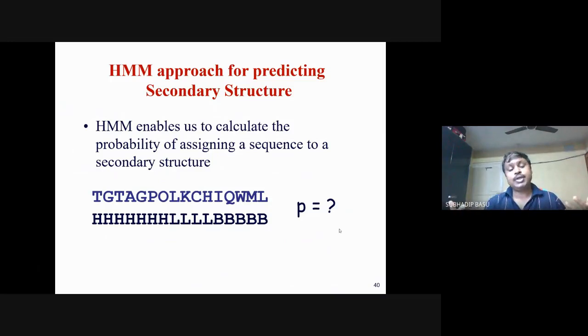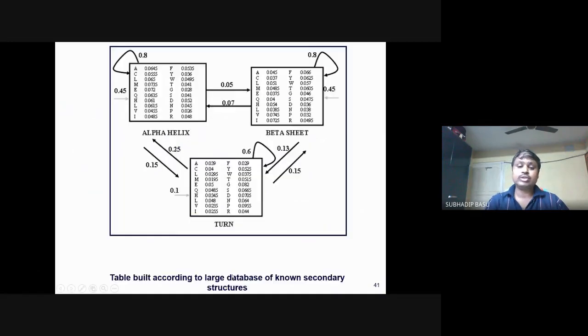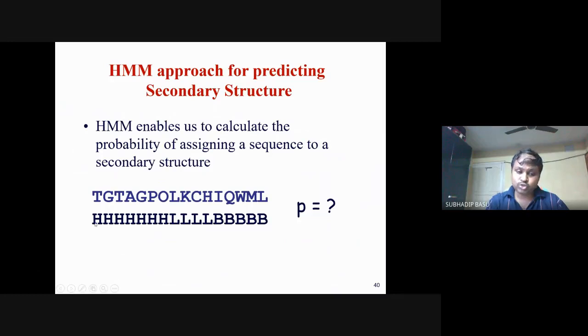You actually need to estimate all the possibilities, and then you estimate the optimum path, so that the probability score is maximum. So in each step you have H, L, B, H, L, B, and you find the optimal path between them.